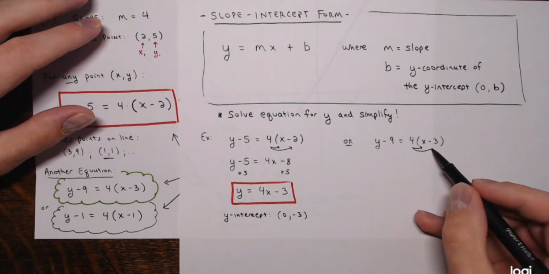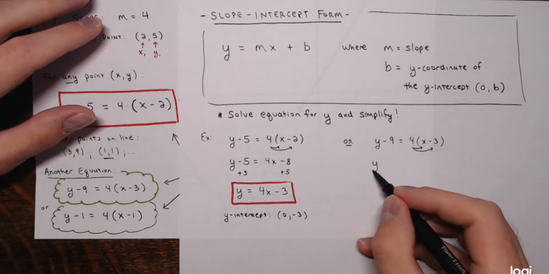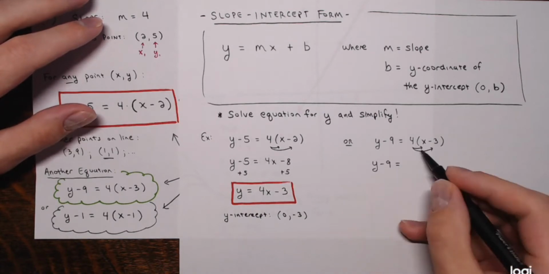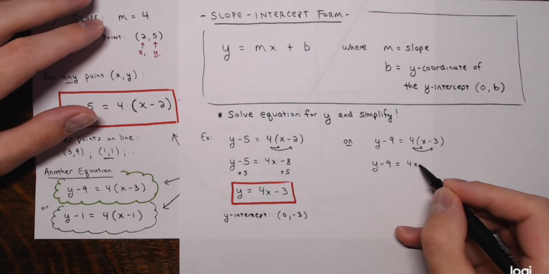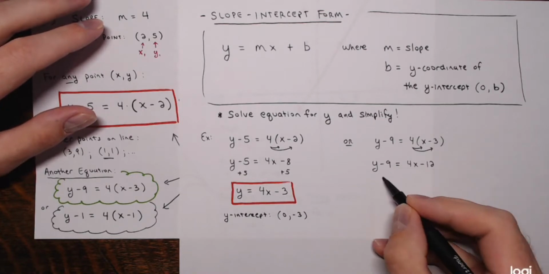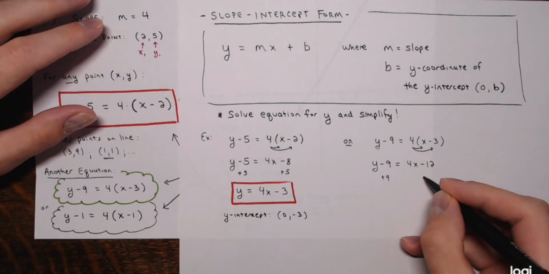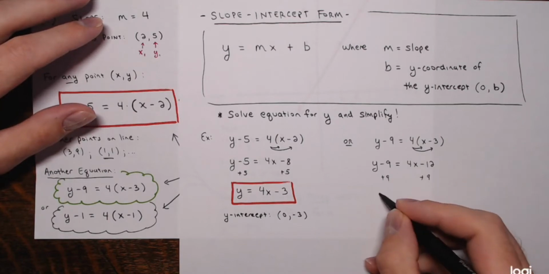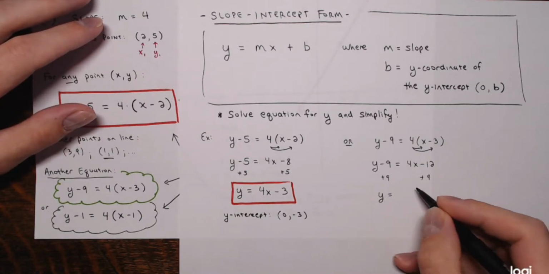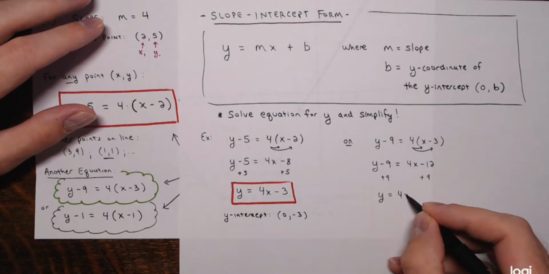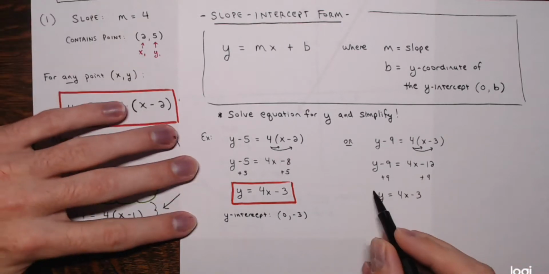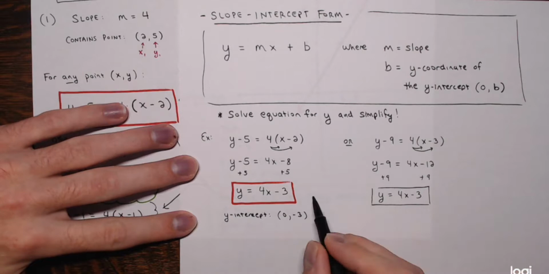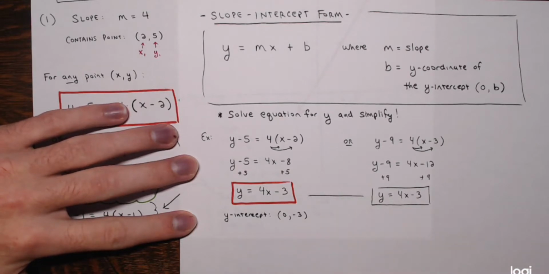I distribute the 4. We have y minus 9 equals 4x minus 12. And then I would add 9 to both sides, getting y alone equals 4x minus 3. Hey, look at that. It's exactly the same. These are the same equation.